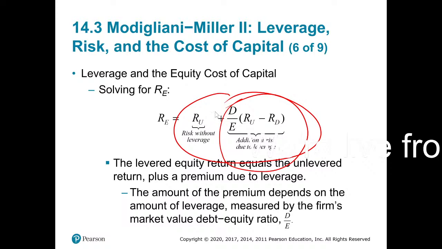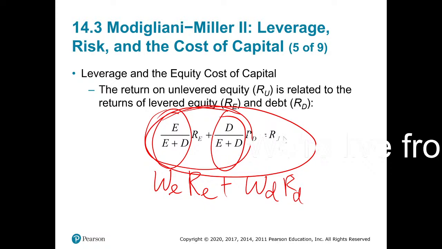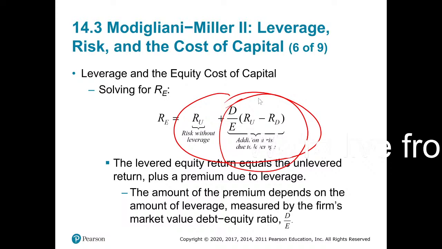I could easily ask, if you have this type of companies, one unleveraged, one leveraged, what's the additional risk due to leverage? Simple, right? Just from this equation, get to here. And this is the additional risk due to leverage.